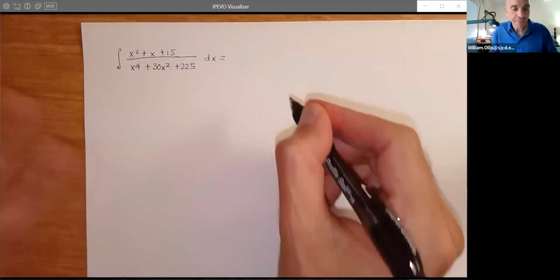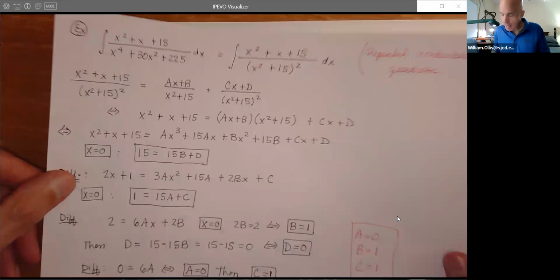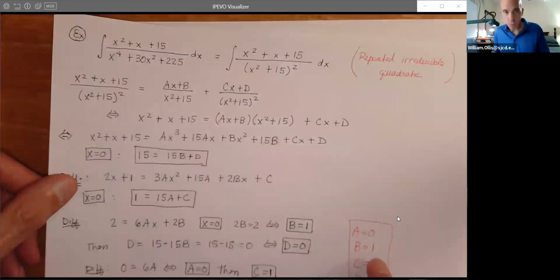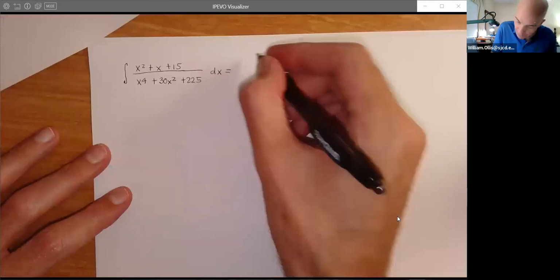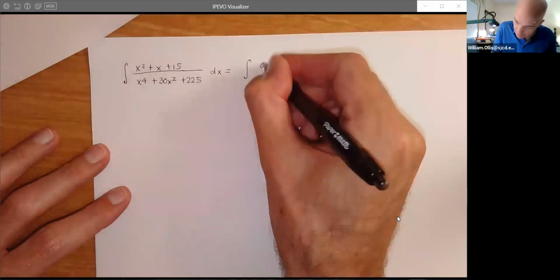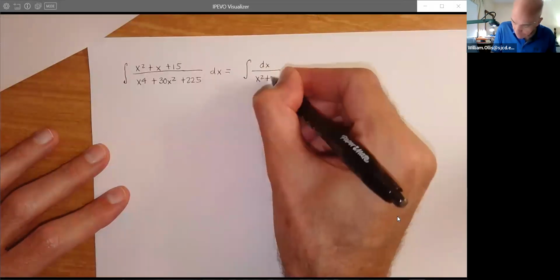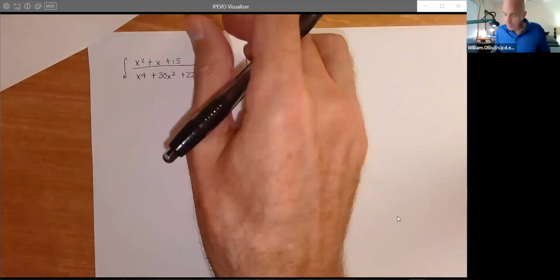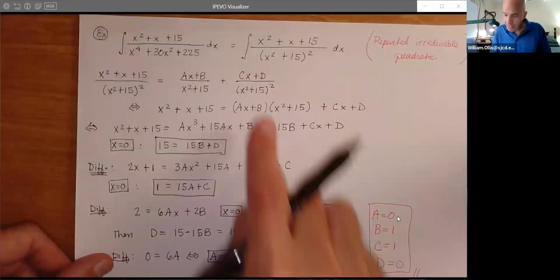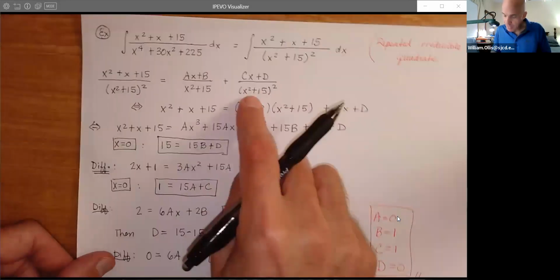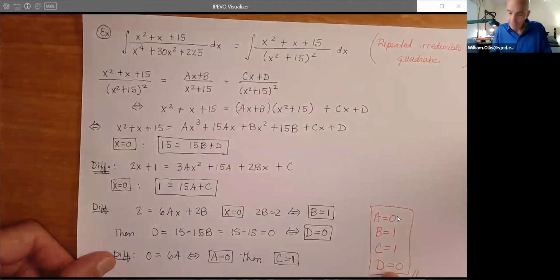And so now, notice here, A is 0, so we have B, so we have 1 over x squared plus 15. And then the last one, we just get x over x squared plus 15 squared because D is 0.